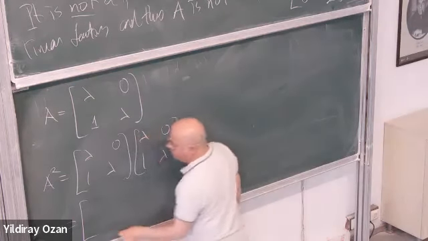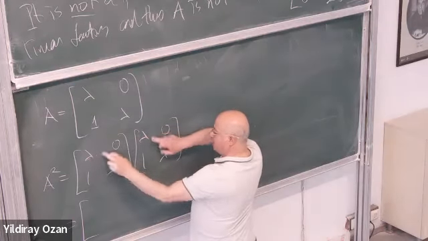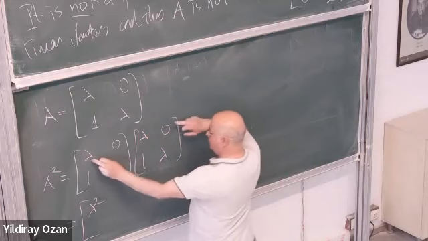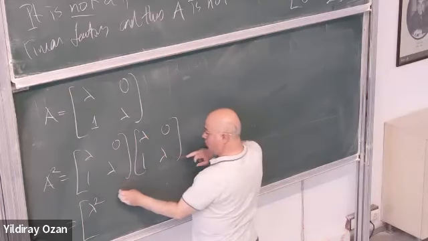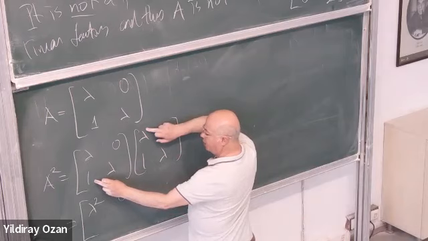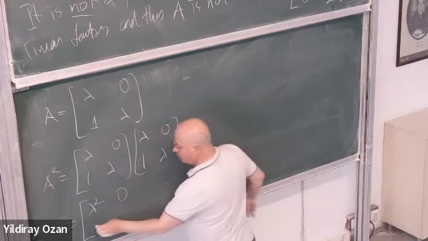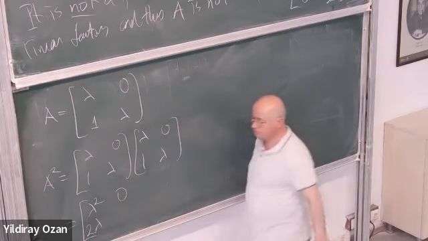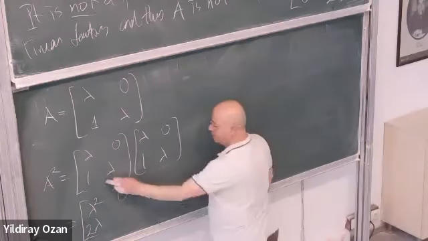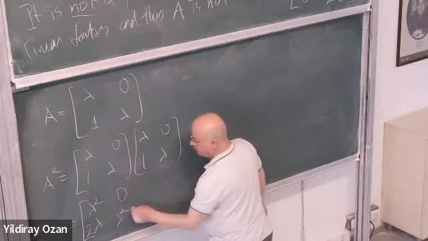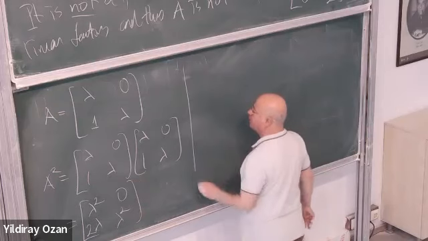What is this? So lambda squared, 0, 0. And then I have lambda, another lambda, so we have 2 lambda. And then lambda squared.